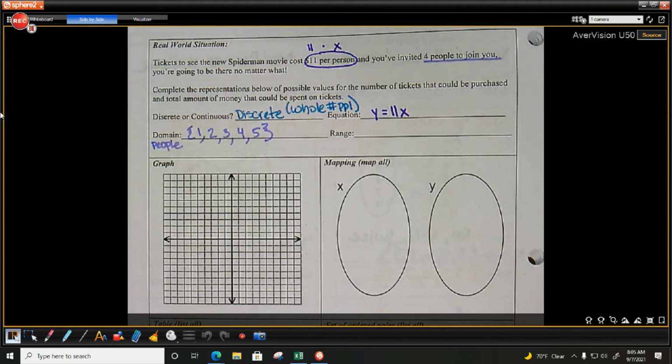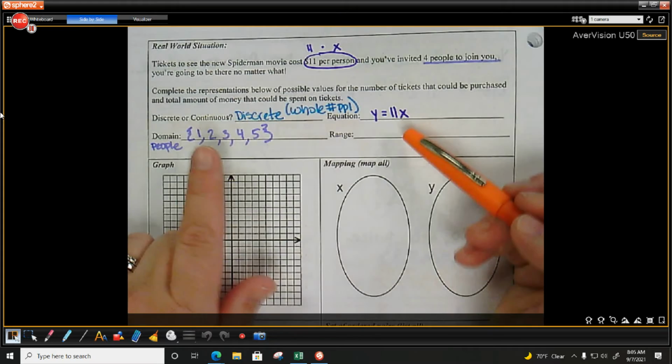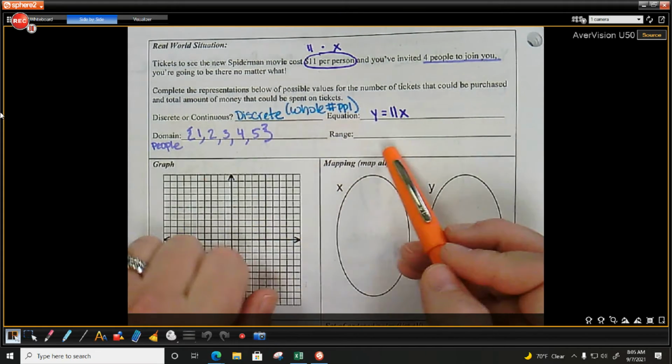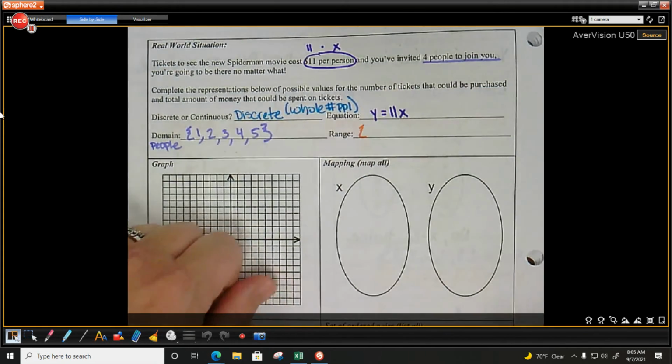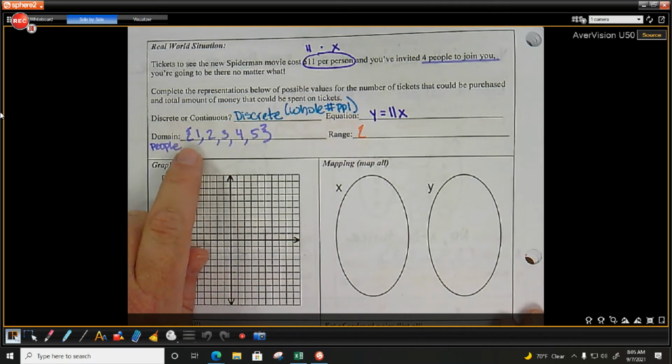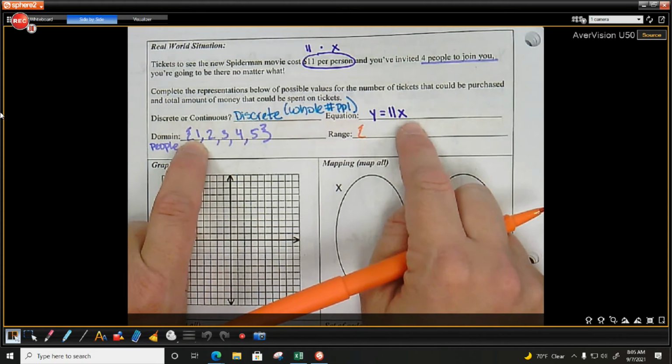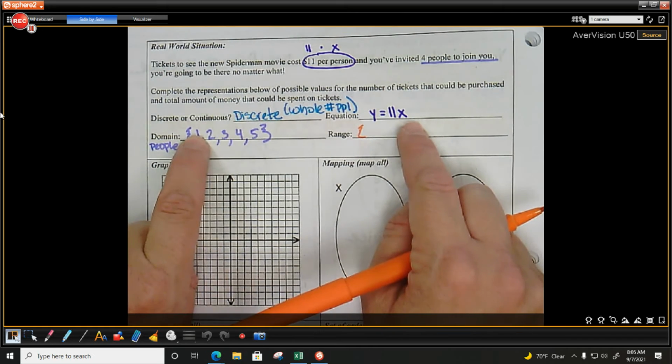In order to do the range, guys, you have to have your equation and the domain. You're going to put the equation and the domain together to then get the range. We know it's going to be a list because it's discrete. What we're going to do is we're going to substitute in each of these x values into our equation. So if 1 person goes, what's the cost of the tickets? $11.